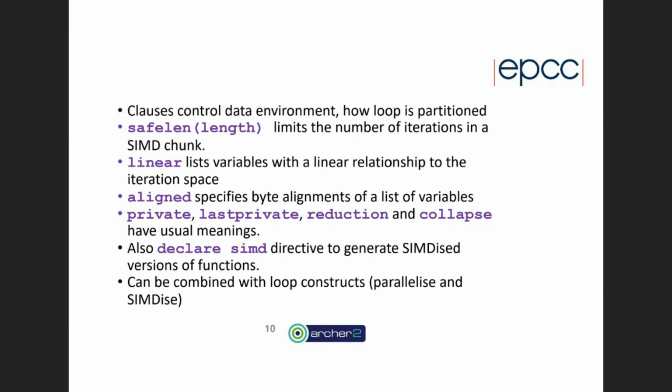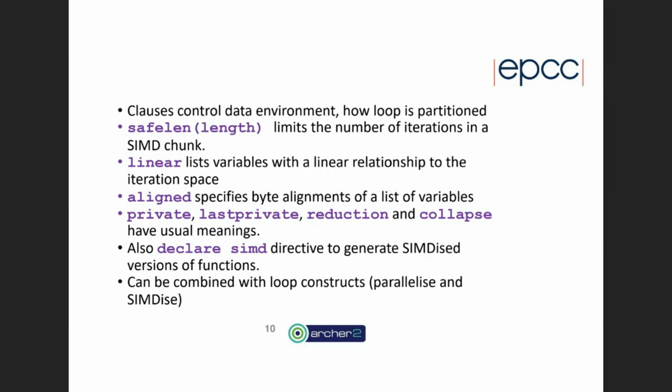Because for those things, the compiler will normally detect a dependency, because there is a formal dependency: in each loop iteration, the value in those variables depends on the previous one. But the compiler can transform that to avoid the dependency and permit vectorization. There's also the aligned clause, so you specify the alignments.